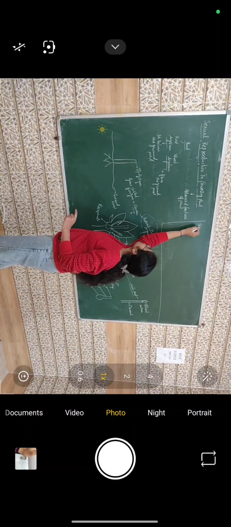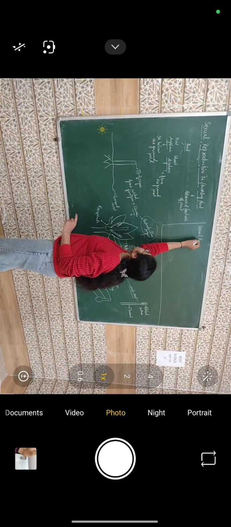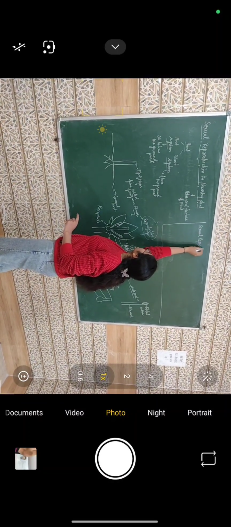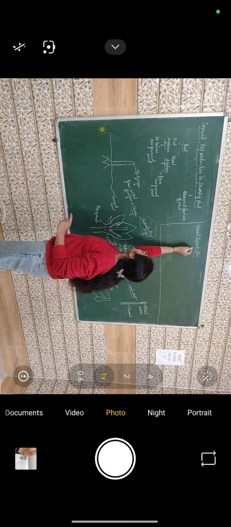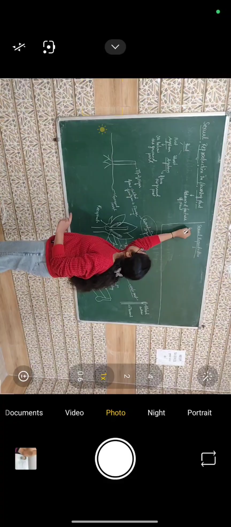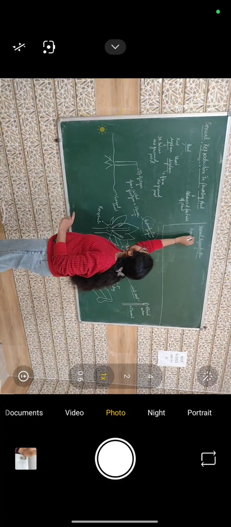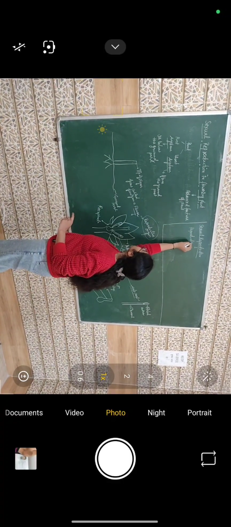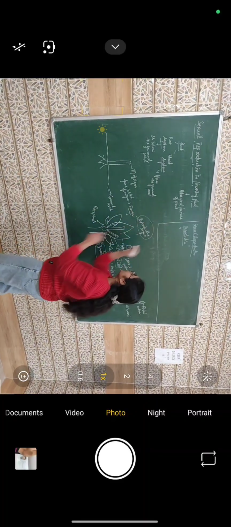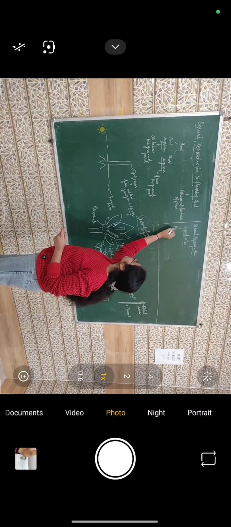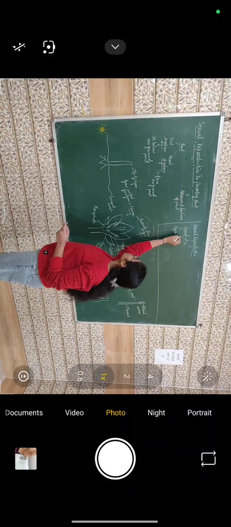The second word is sexual reproduction. So basically, first we will read about reproduction. This term defines re meaning again, and production meaning to produce.